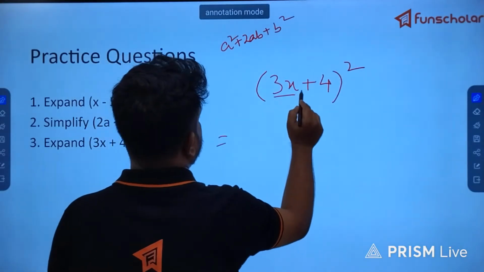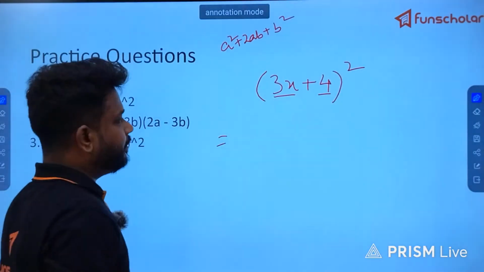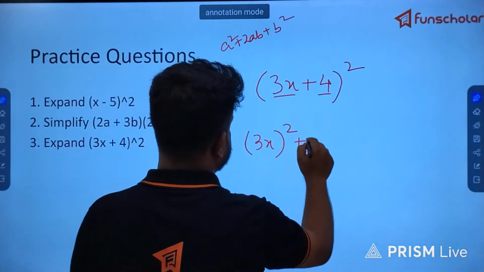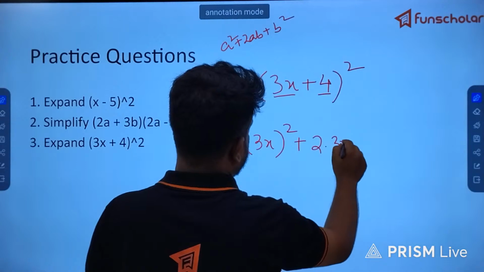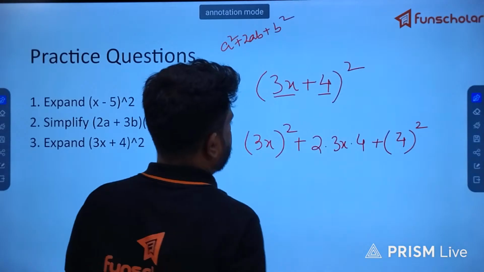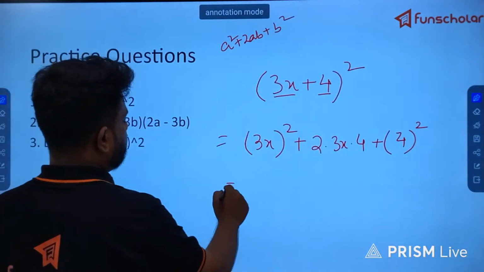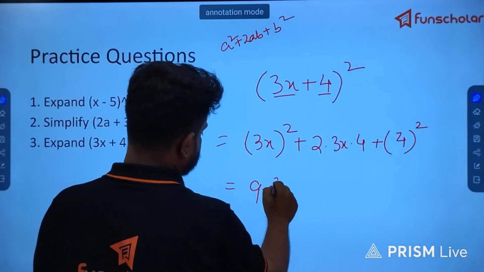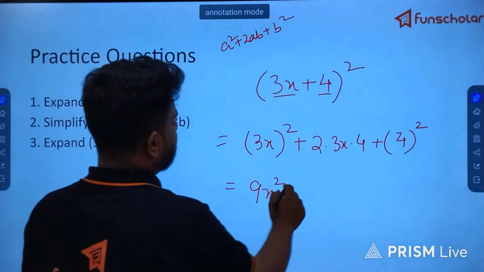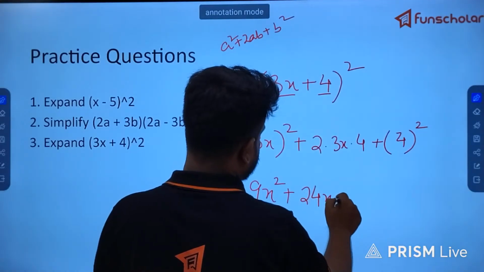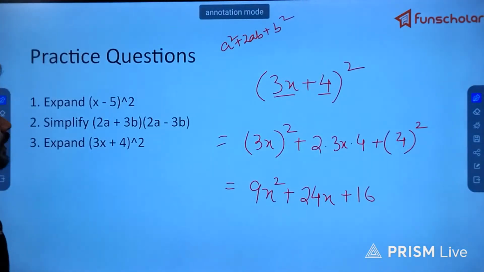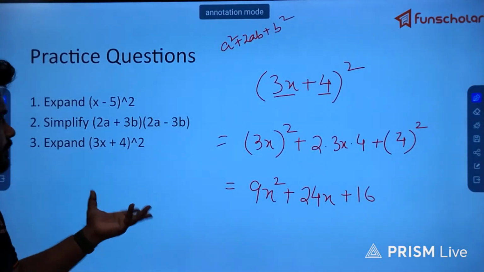So here 3x will be a and 4 will be b, and after applying it into the formula, it will be 3x square plus 2 into 3x into 4 plus 4 square. Okay, so the answer will be 9x square plus 4 2s are 8, 3 8s are 24, x plus 16. Okay, so it's also been done.